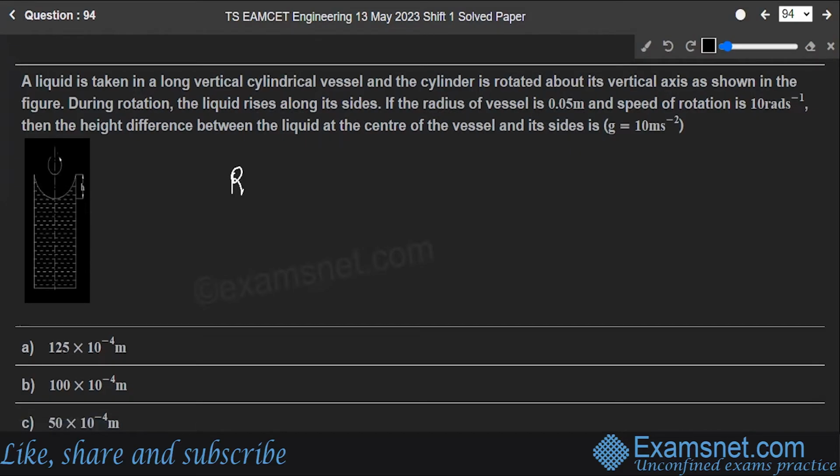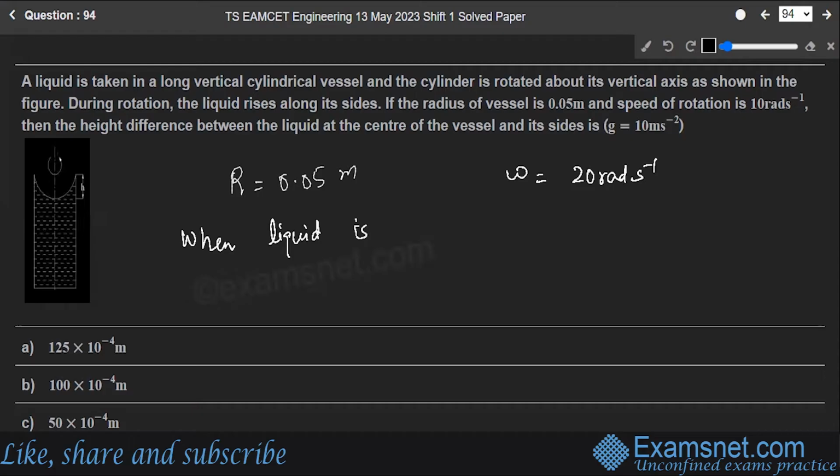In the question, you are given that the radius R is 0.05 meters and angular speed of rotation is 20 radians per second. And see, when the liquid is rotated, it reaches a certain height h.